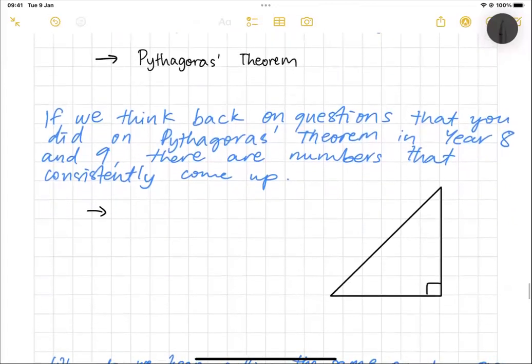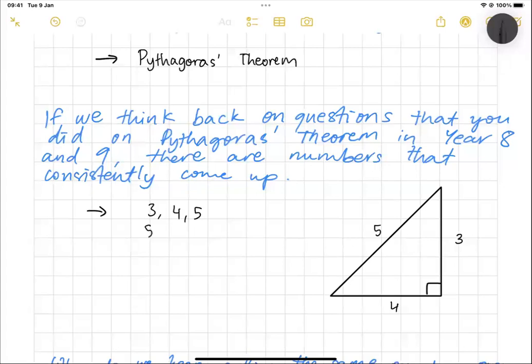If we were to think back on the various questions that you have done for solving Pythagoras' theorem in year 8 and year 9, there are numbers that consistently come up. If you don't remember, that is fine. The first combination of numbers should be 3, 4, and 5, right? It's very famous. What it would look like on a right angle triangle would be 3, 4, and 5, 5 being the hypotenuse.